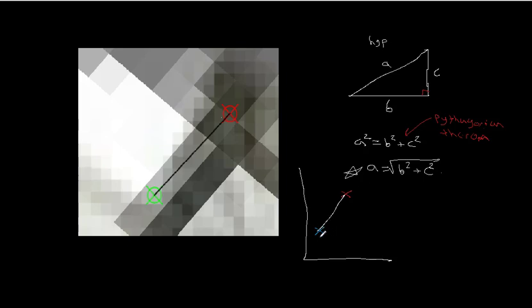So our point here has an X coordinate and a Y coordinate, and we'll call this x1, y1. And we know that our point where it ended up also has a different coordinate, x2, y2.